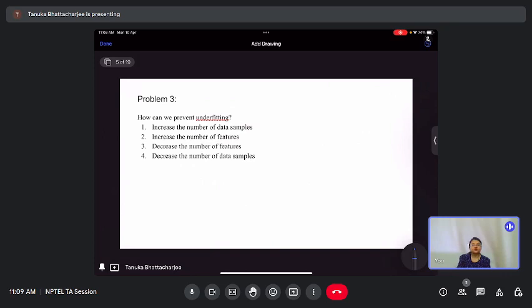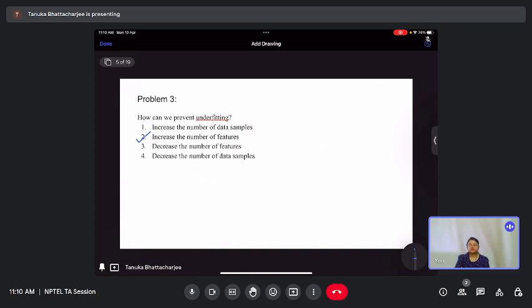One way of doing that can be giving it a richer representation, that is, by increasing the number of features. By increasing the number of features, you are giving the network more information that can be helpful for it to learn the pattern in the training data. So to prevent underfitting, we have to increase the number of features.